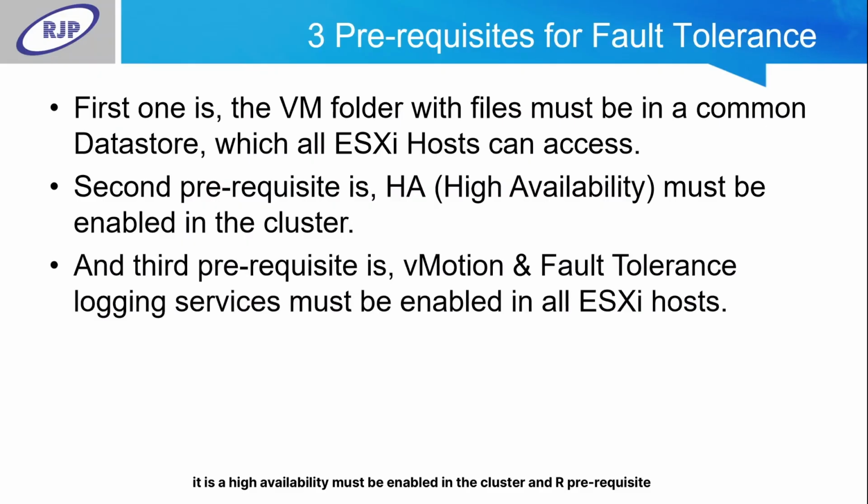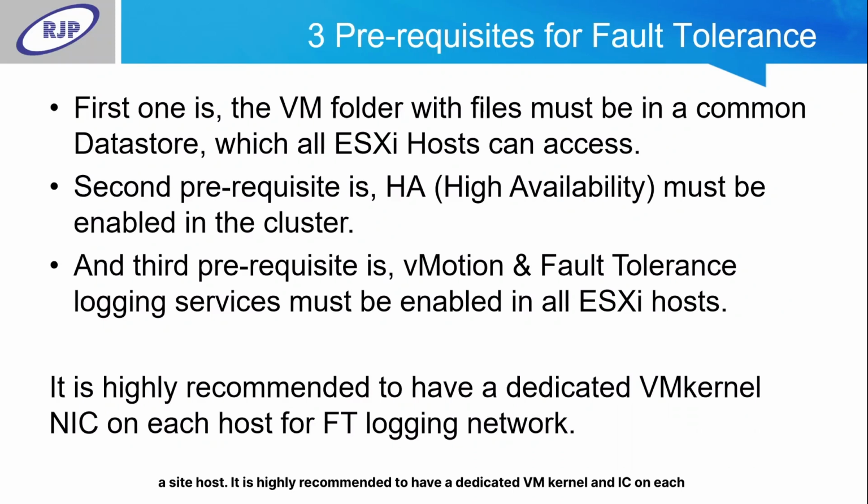And third prerequisite is vMotion and fault tolerance logging services must be enabled in all ESXi hosts. It is highly recommended to have a dedicated VMkernel NIC on each host for the FT logging network.